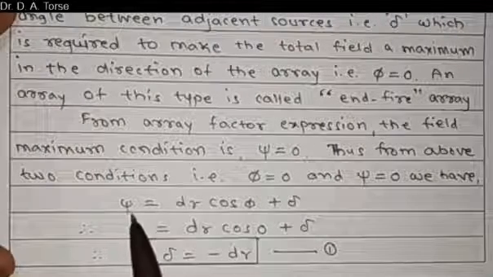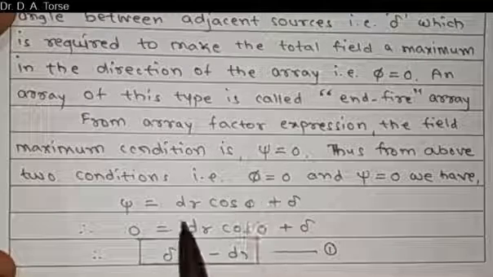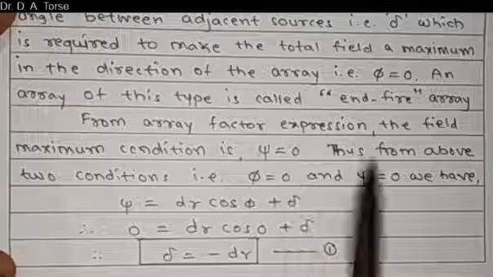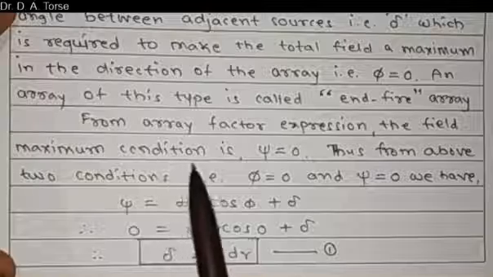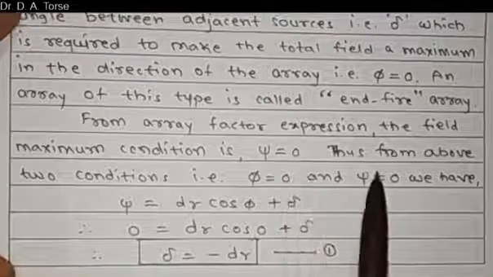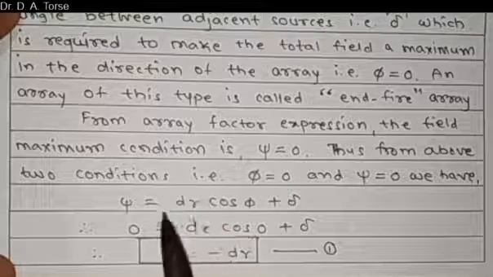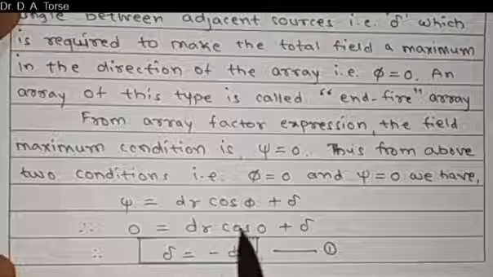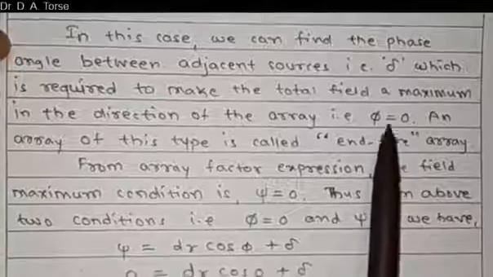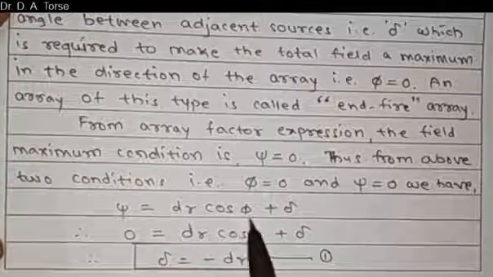But now it is not 0, and in order to compute it, we make use of the equation psi equals dr cos phi plus delta, and we substitute psi equal to 0, because from the array factor equation the maximum field is obtained when psi is equal to 0. Thus, from the above two conditions, psi is 0 and phi is also 0, because in case of cos, phi being 0 gives the maximum value.